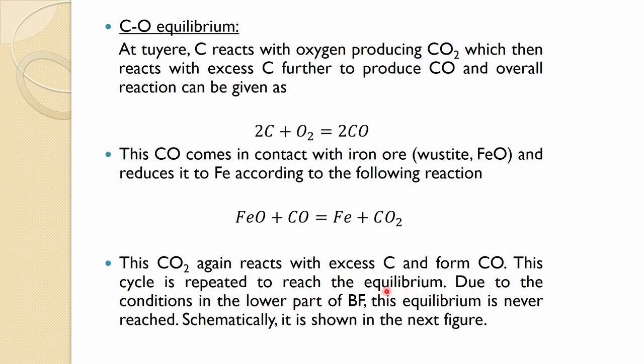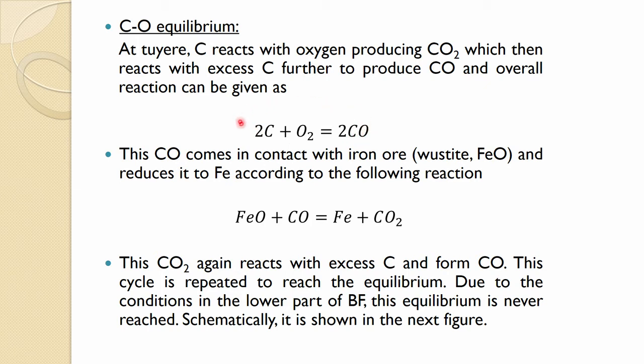Of course, we have discussed this in detail in the stack region, but now because we are talking about the lower part of the blast furnace, we are touching upon this again. At the tuyere, carbon reacts with oxygen producing CO2, which then reacts with excess carbon to produce CO, and the overall reaction can be given as carbon plus oxygen equal to 2CO.